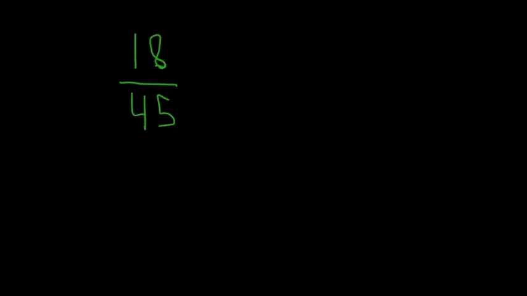Alright, if we're given a fraction, 18/45, and we want to make that into a decimal and a percent, you have a couple options here. First, you can just start dividing, because every fraction is a division problem waiting to happen. So we'll start with that. We can do 18 divided by 45. 45 won't go into 18, so we add a decimal and a 0.